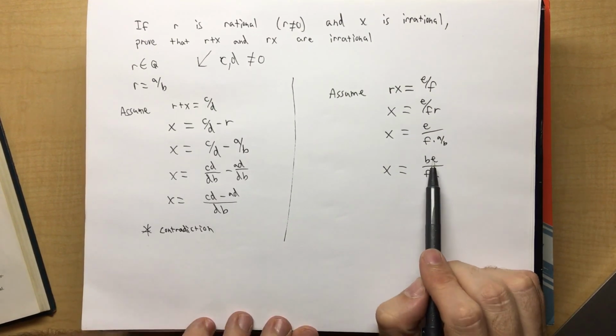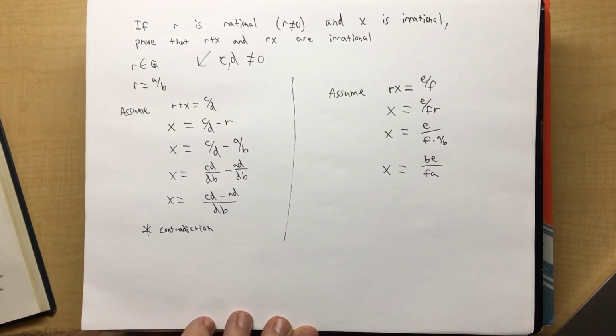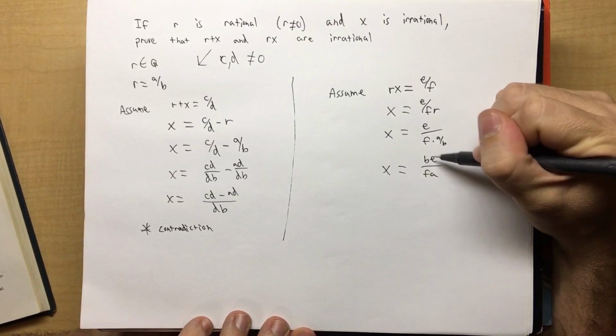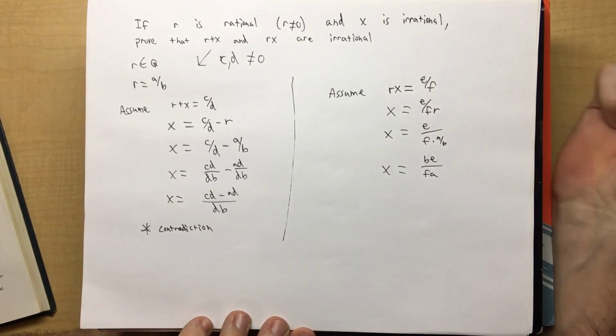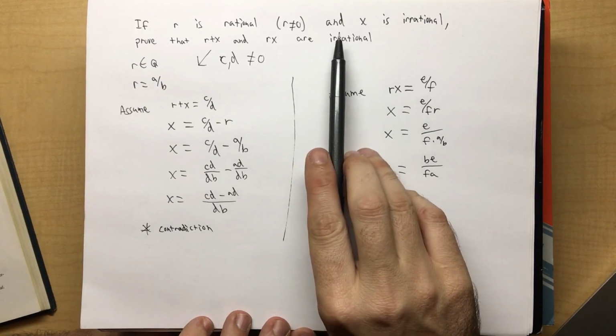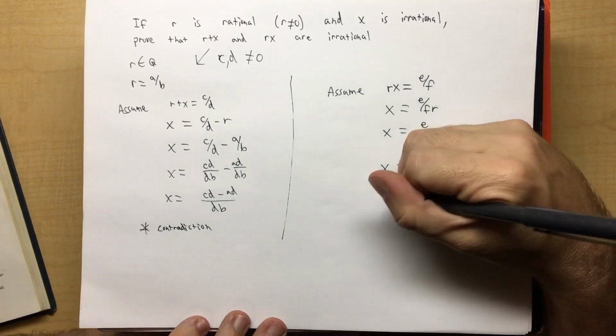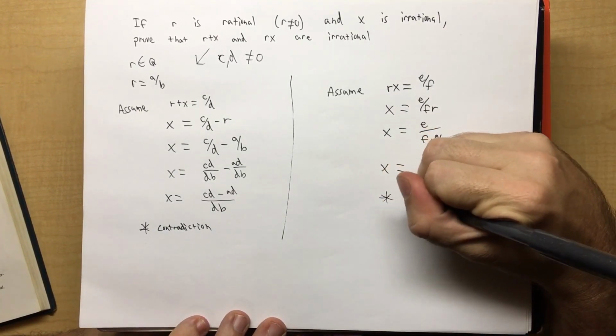And again, this is going to be an integer, and this is going to be an integer. And what we're going to get is a contradiction because this right here is a rational number and this right here is an irrational number, contradicting this up here. There we go. Contradiction.